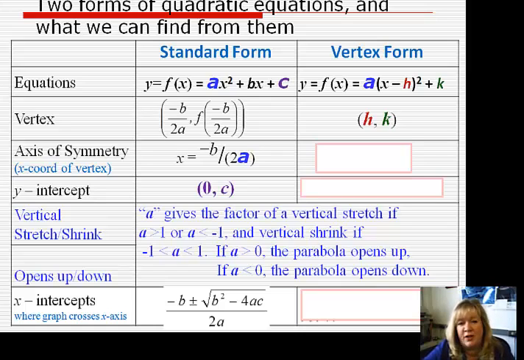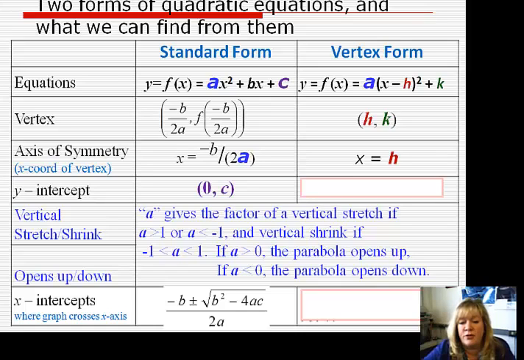So for example, if it's x minus 2, then the x-coordinate is 2. If it was x plus 2, the coordinate is going to be negative 2. Also from the vertex form, the axis of symmetry is just x equals h. Hopefully you can put together that h is the same as negative b over 2a.